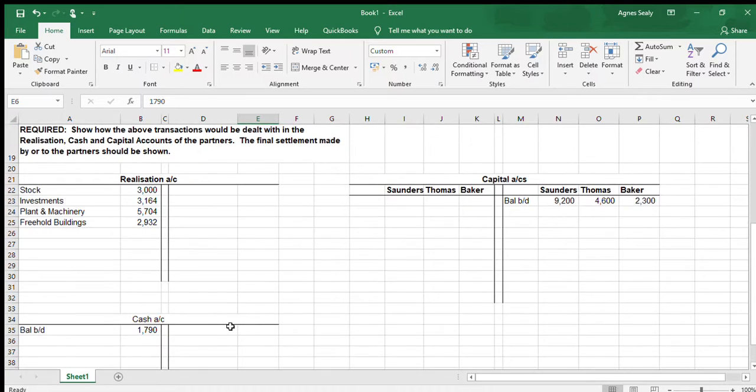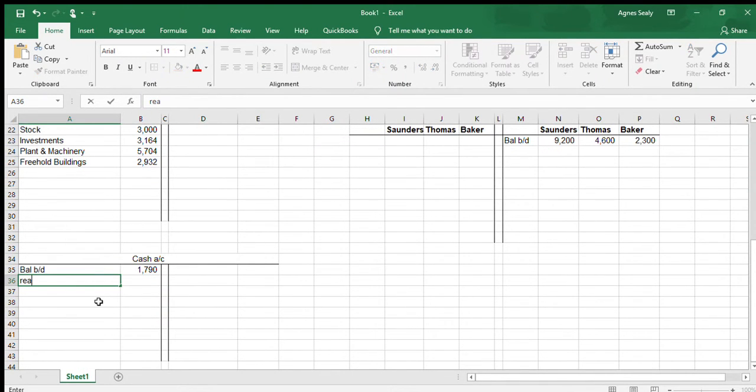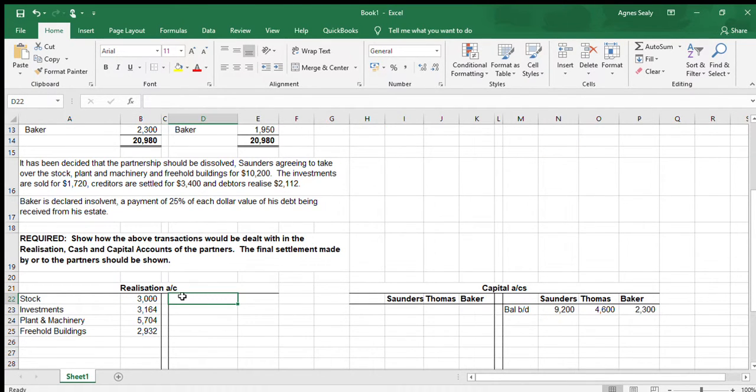So we are going to debit our cash account for the $1,720, and we are going to credit our realization account for the same $1,720. So that is the first one.